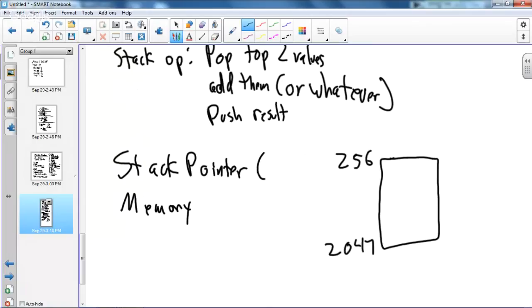Initially, we're going to use memory location 0 on the computer to store the stack pointer. The stack pointer initially is going to be 256. Whenever you do a push, you store a value at whatever address the stack pointer is at, and then you increment the stack pointer by 1.